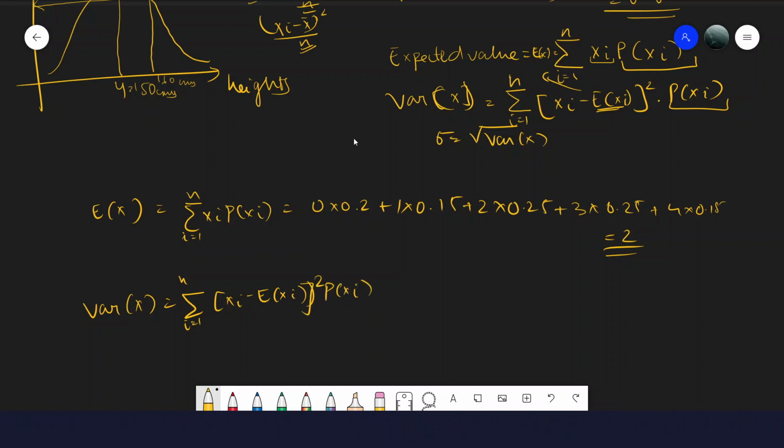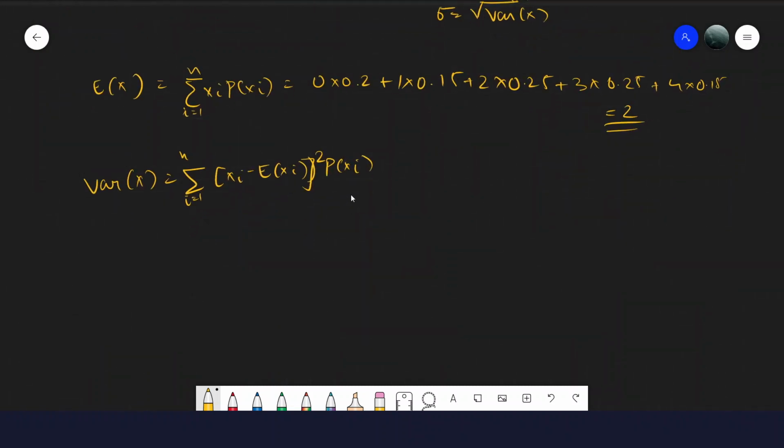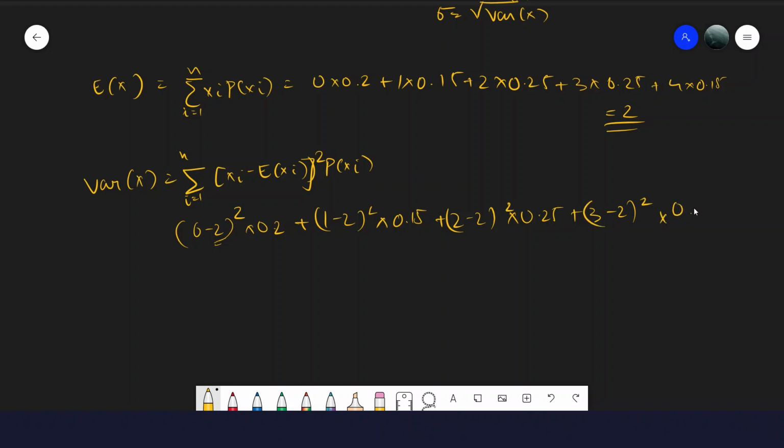Applying it, I get 0 minus 2, and we saw that 2 is the expected value, the whole square into 0.2, plus 1 minus 2 the whole square into 0.15, plus 2 minus 2 the whole square into 0.25, plus 3 minus 2 the whole square into 0.25, plus 4 minus 2 the whole square into 0.15.